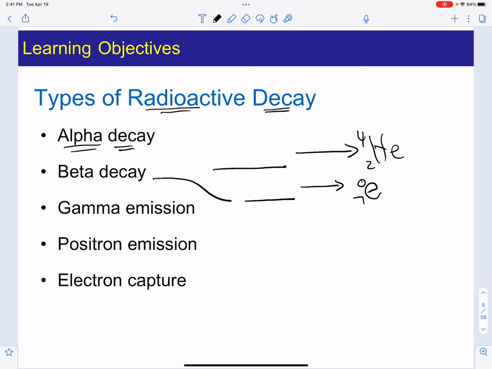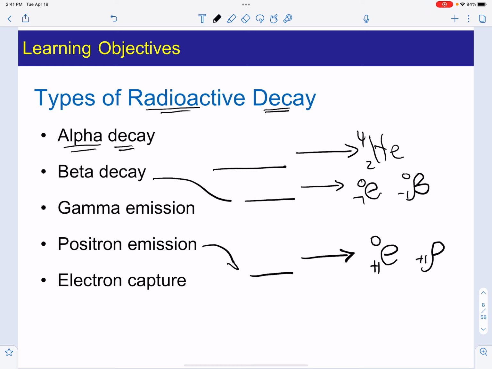Or you can also write it like this, a beta particle. For the positron, that means that something just produced, emitted, or decayed via a positron emission. You can also write a symbol like that. That means a positron.